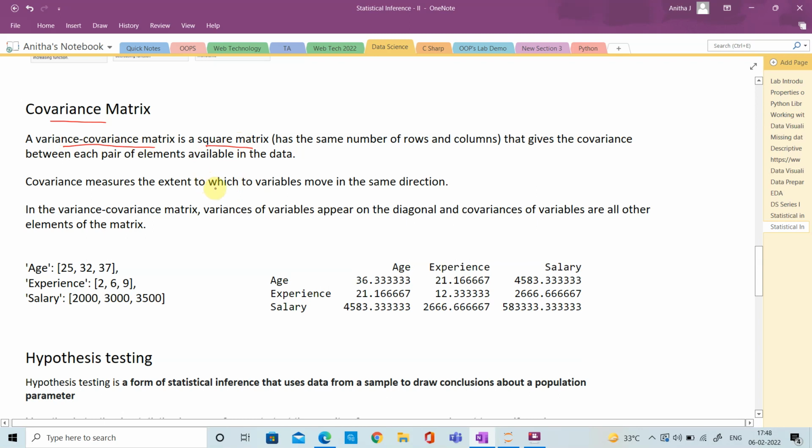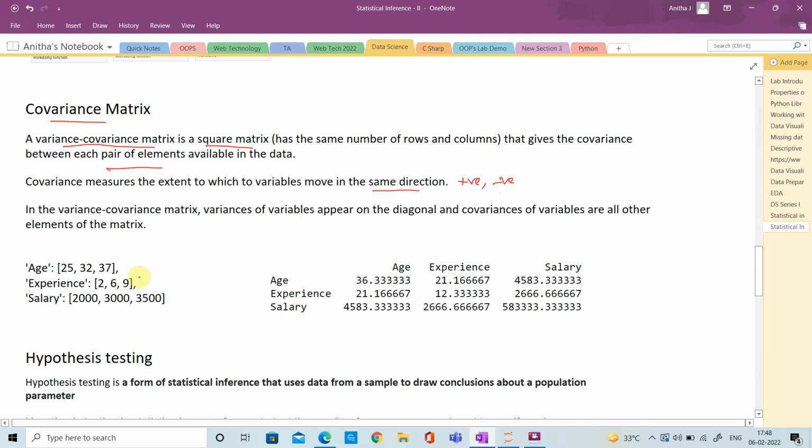Previously, with the correlation coefficient, we calculated the correlation between two variables. But now the covariance will provide the variance between every pair of elements available in your data. Again, it will give only the direction, whether it is positively or negatively correlated, but it won't specify how strongly it is correlated.